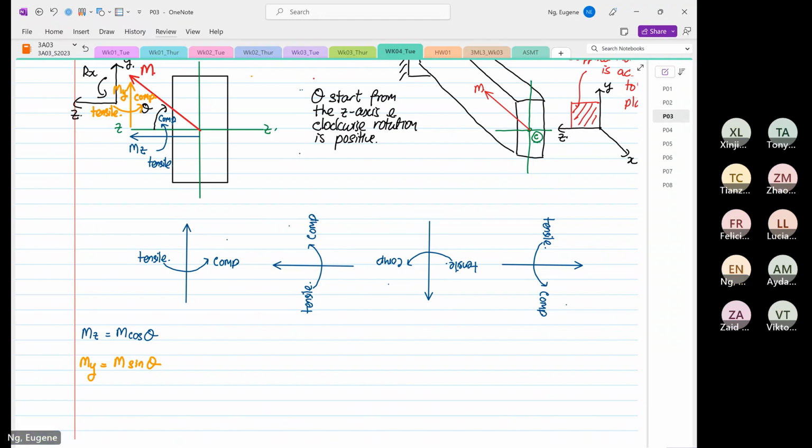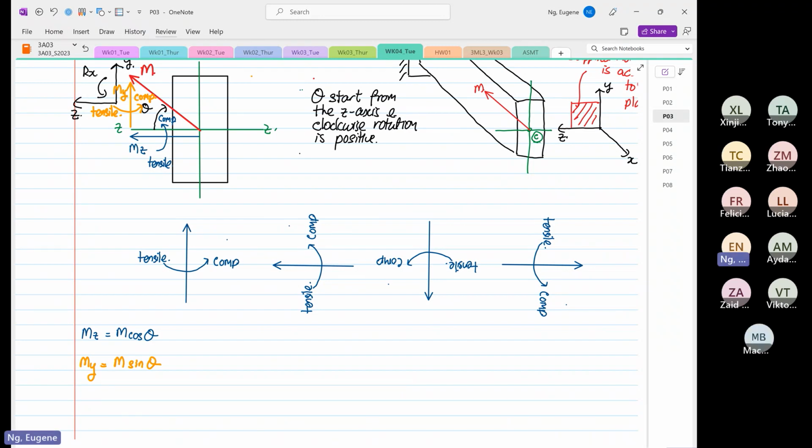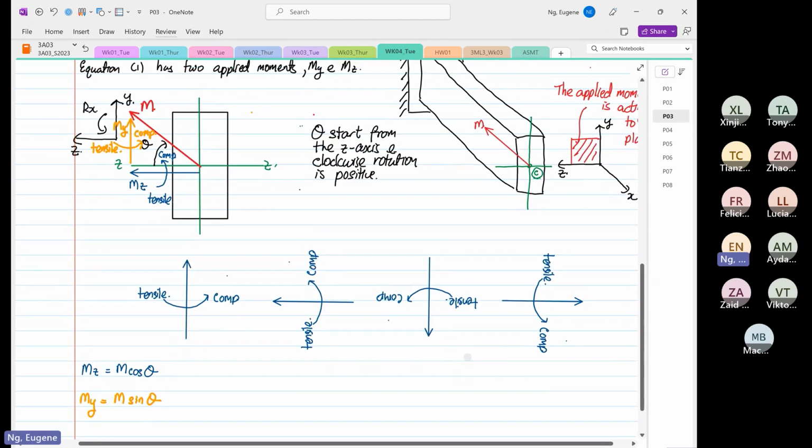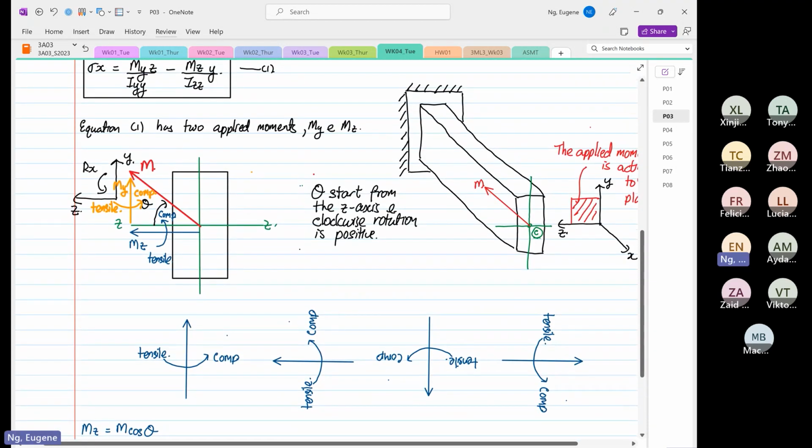Now, I think you all know how to find second moment of area really well. But more important now is why, when we have moments applied about two axes, the structure is known as centric unsymmetrical bending. So I'm going to copy the whole thing again.